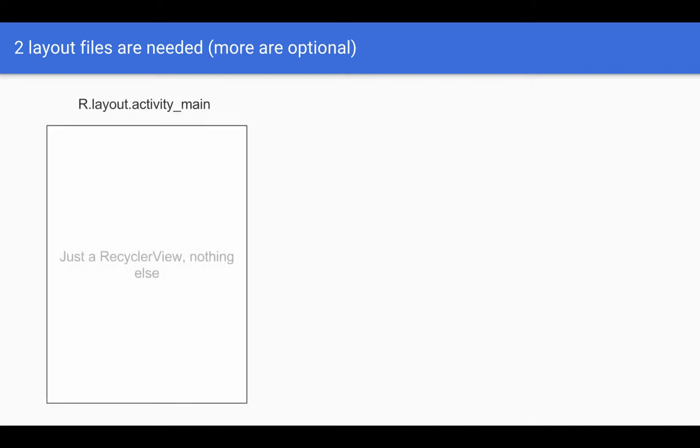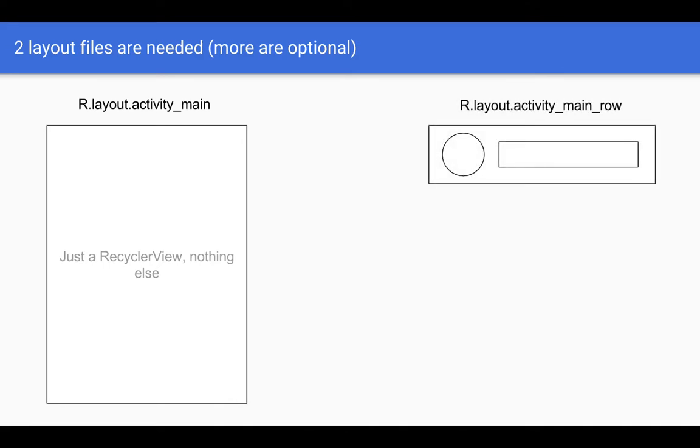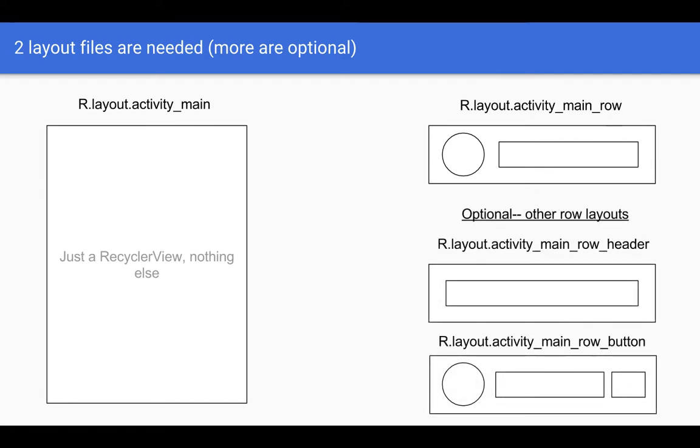This will be talked about more in a bit. So really two layout files are needed. There's the main one that's essentially just a recycler view on the screen. And then you need some sort of row layout. And you actually can have additional ones. So if you wanted different rows to look different, you can have other types of row layouts.